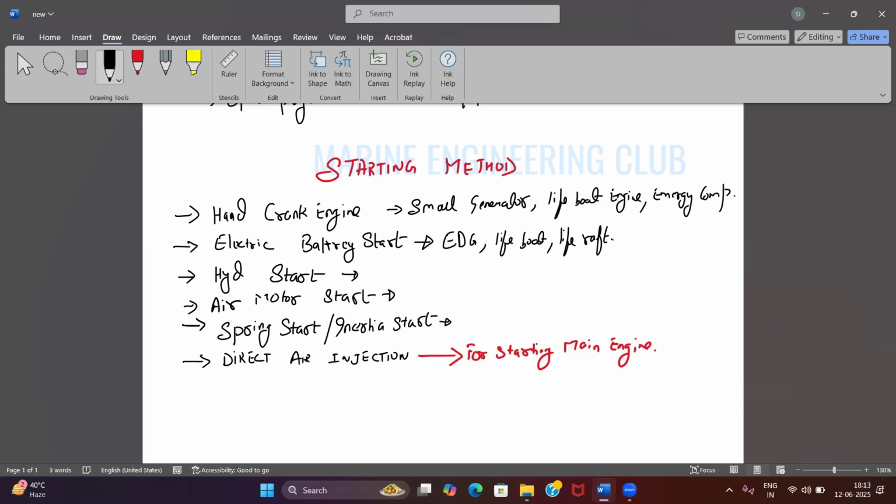You will be having a series wound DC motor that is going to engage with the flywheel of your engine, and it will turn the flywheel. When the flywheel turns, your piston is moving up and down inside. Because of it, pressure is being generated, and temperature is being generated.